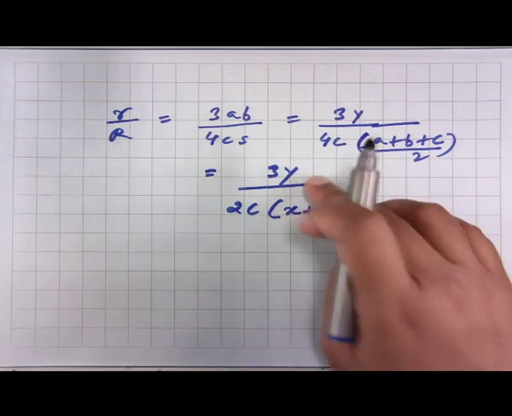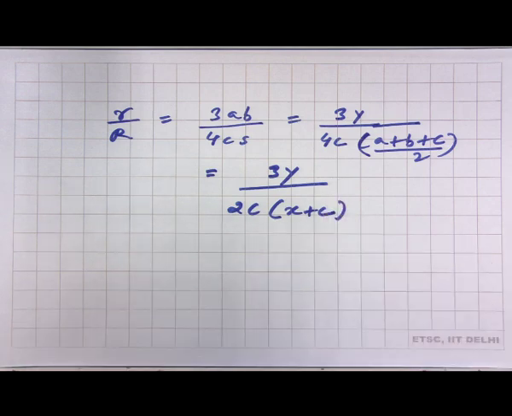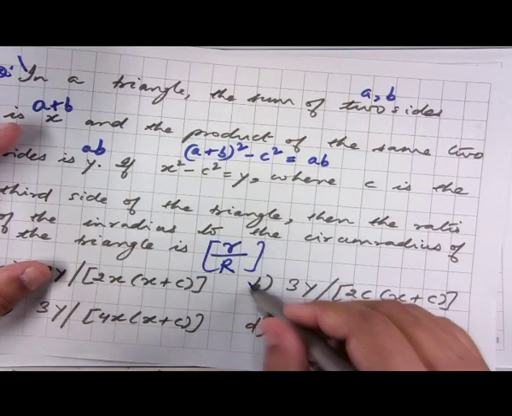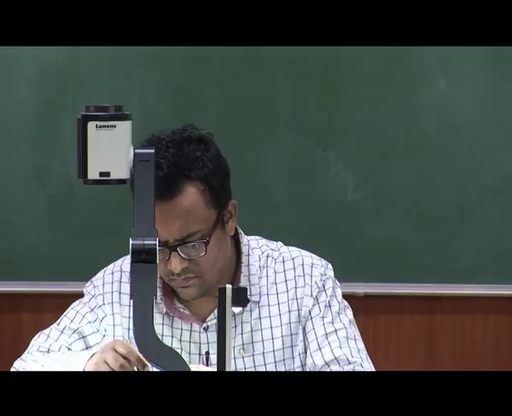So, we finally have r by R equal to 3y over 2c times (x plus c), which is option B. Let us take the second question now.